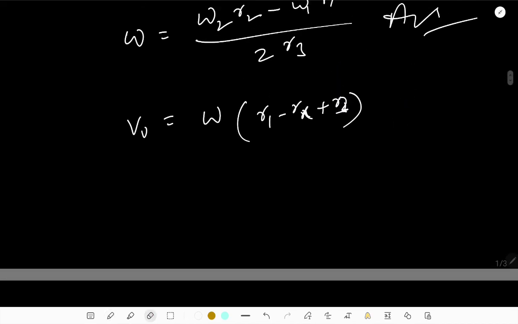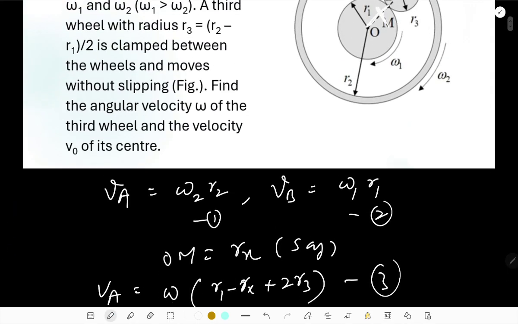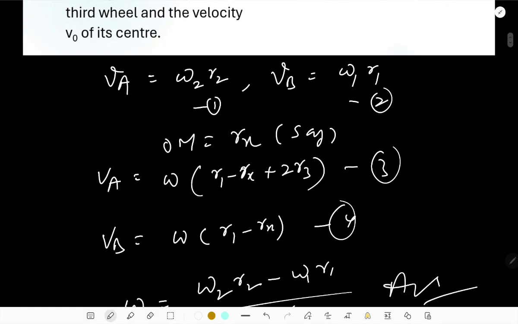Before finding omega, you are going to find Rx, because R1, R2, R3 you know, and the relation between omega 1 and omega 2. So Rx is not an unknown, because these two things are known, Rx and omega. You can find it.